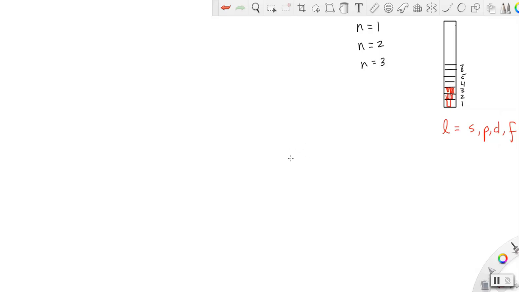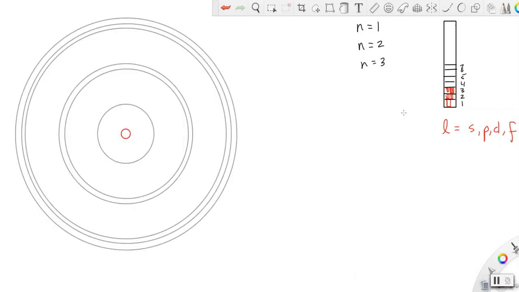Okay, let's take a look at our atom. This is the same concept as what we had before, except this time we have the n equals 1 here, so we'll put that in. This is n equals 1, this is n equals 2, this is n equals 3. But now, instead of just being one ring, each one of these actually has what we call a subshell in there.